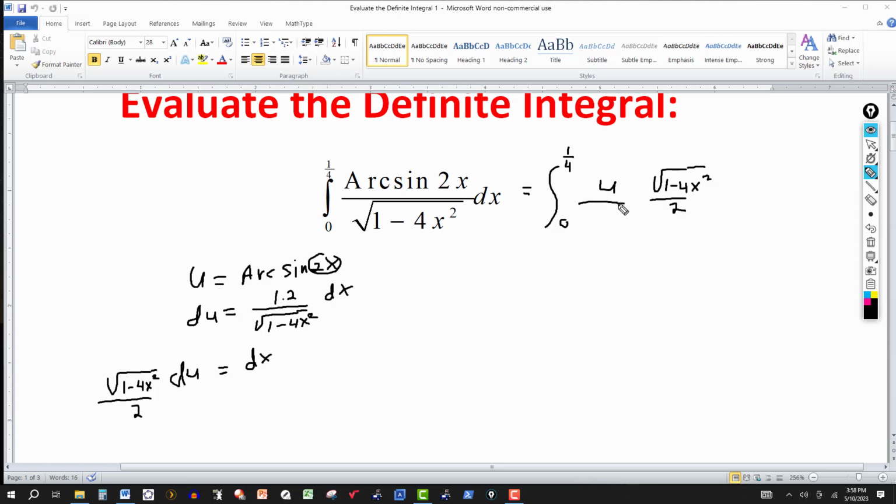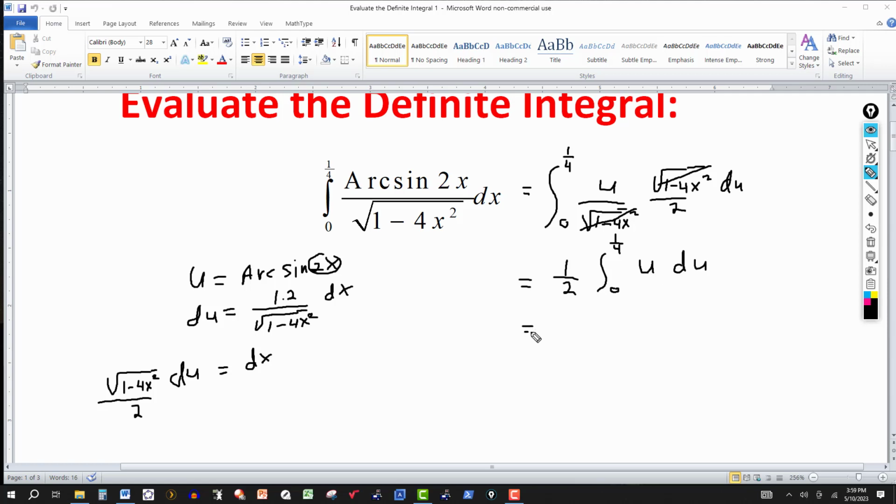And then of course we have the square root of 1 minus 4x squared in the denominator. So this cancels out here, and this is also du here. So this gives me, putting the 1/2 out in front, the integral from 0 to 1/4 of just this plain old u du.